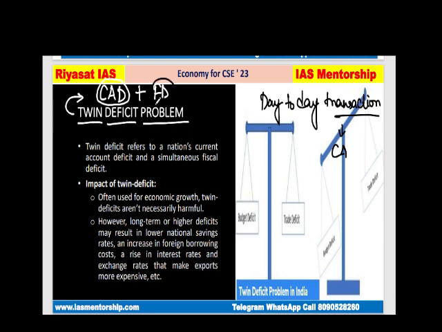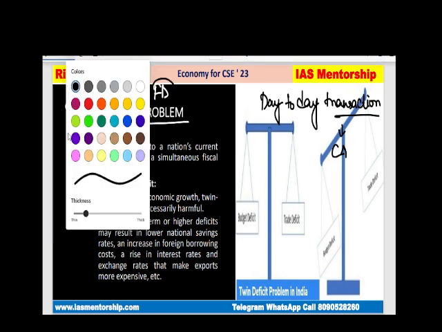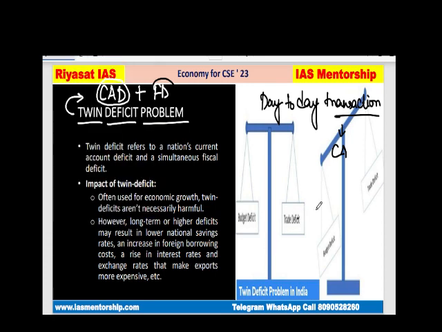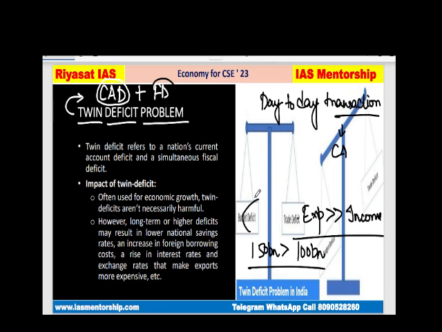Now, what do you mean by fiscal deficit? Fiscal deficit refers to a situation where government expenditure is more than its income. For example, if government is earning 100 billion, but is spending 150 billion on the development of the country, now we can say that the government is going into fiscal deficit.